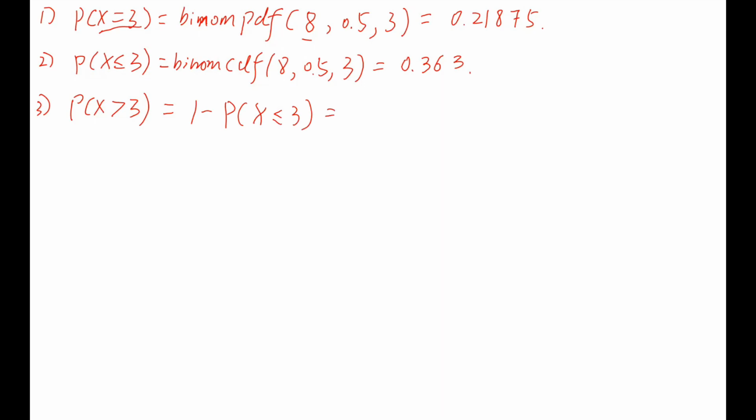Because then we can use the calculator to find this, which we already found is 0.363, so we can just directly use it. 0.637. All right, so we got this one. Basically, that's how we do it. If it is one of those forms, we can directly use the calculator. Otherwise, we transform it into an expression consisting of those two.